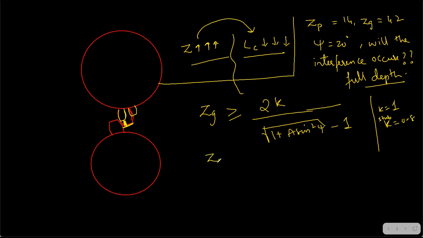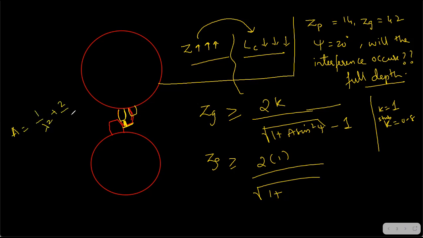So now we can say Zg is greater than or equal to 2 into 1 divided by under root of a. What is a? A is equal to 1 by lambda square plus 2 by lambda. I told you 2 1 1 2, I hope you remember 2 1 1 2. So what is lambda? Lambda is the gear ratio and it is always greater than 1. So I can write 42 by 14, Rg by Rp, right? If you do this entire thing, you are going to get the value 7 by 9.